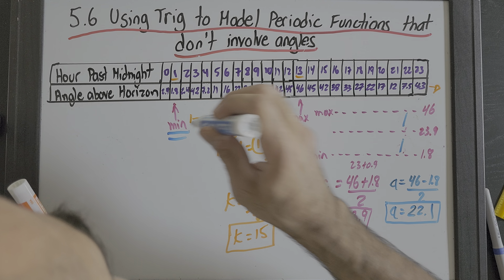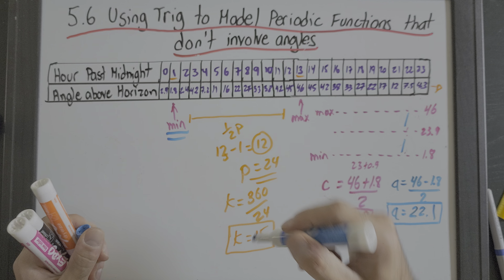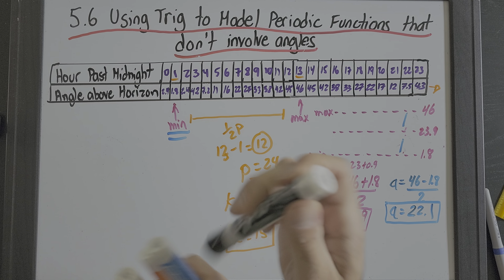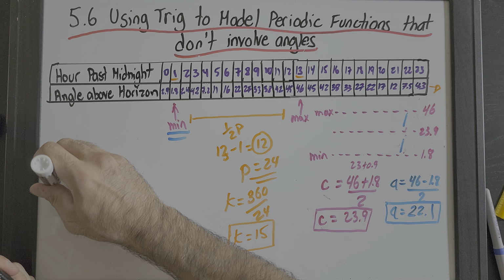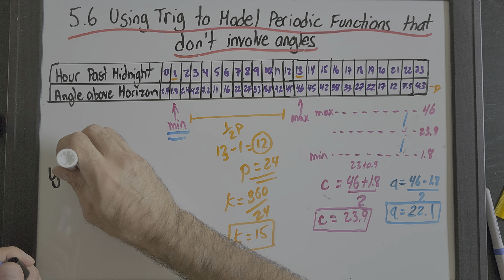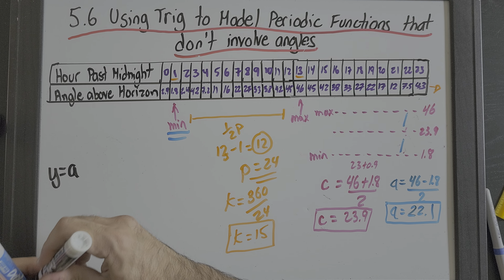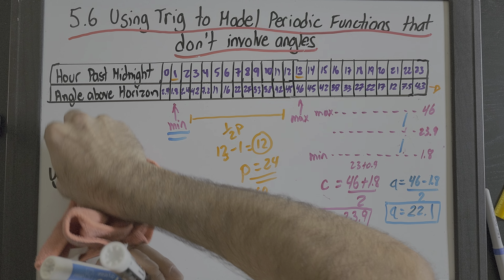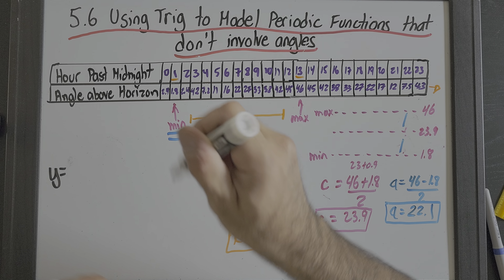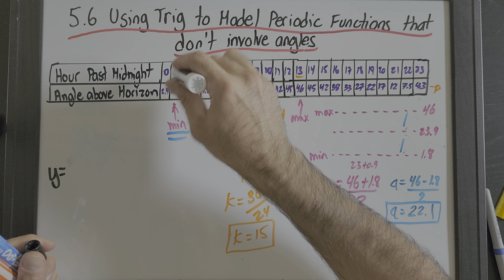Here's the minimum, that's where I'm starting, at 1. So I'm going to write an equation. Y equals the A value. Why am I writing the A value? What starts at the minimum? Negative cos.